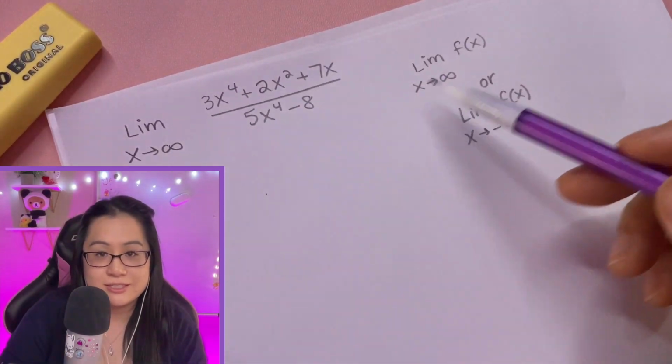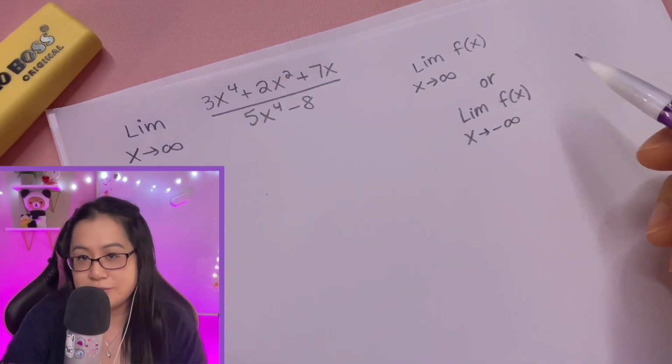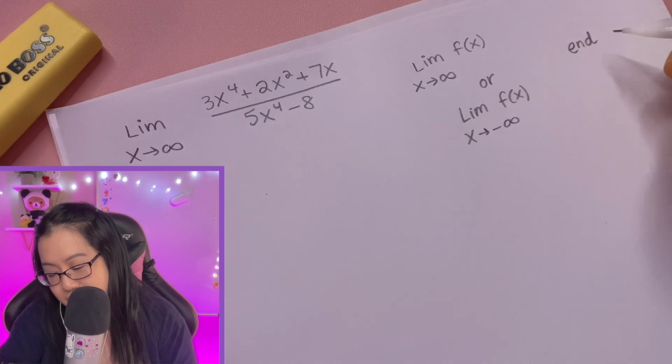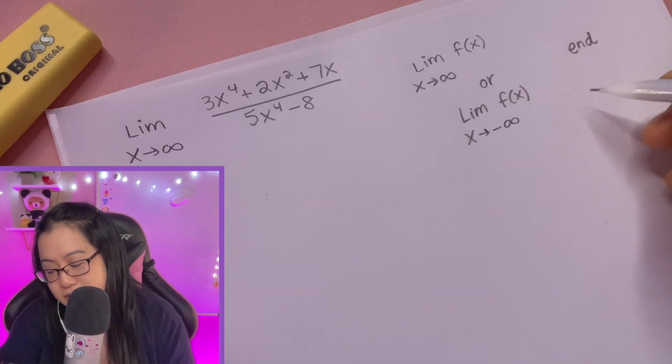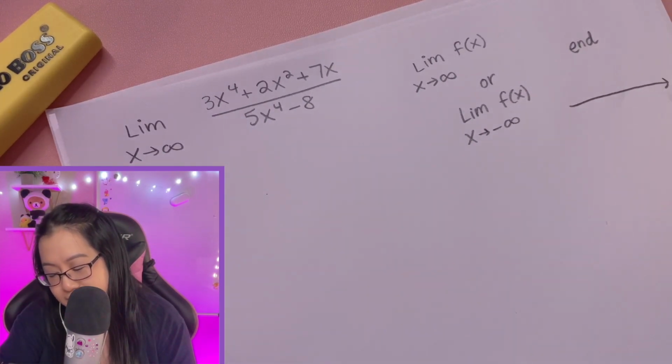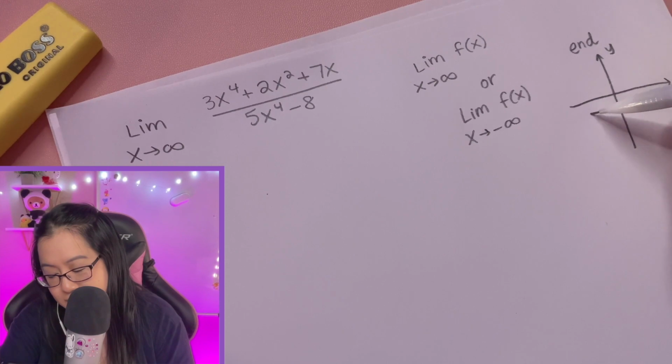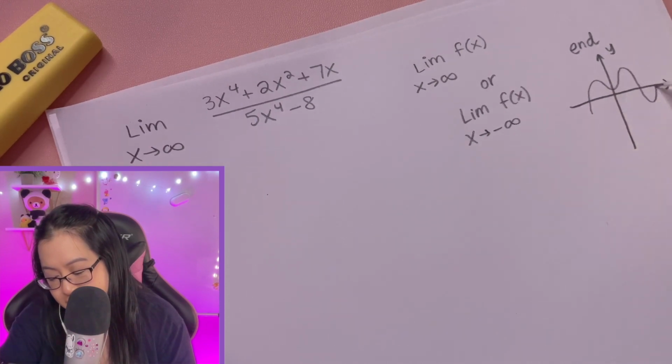So in this case, this is the idea of end behavior. You might have heard that phrase as well, end behavior. And that's because when you graph different functions on the xy plane, they might have all kinds of different shapes and whatnot.